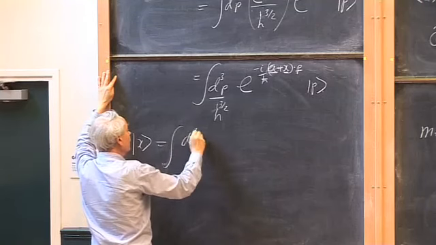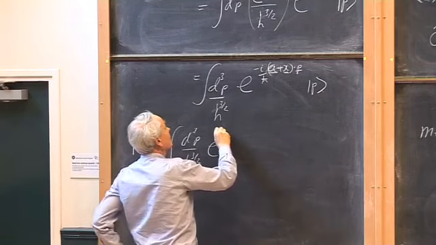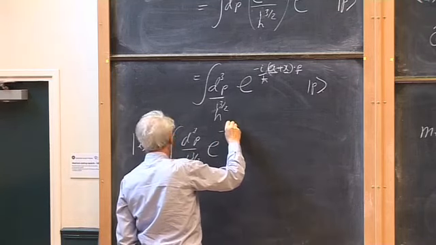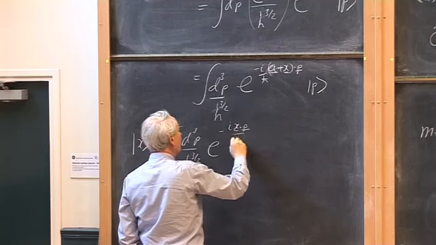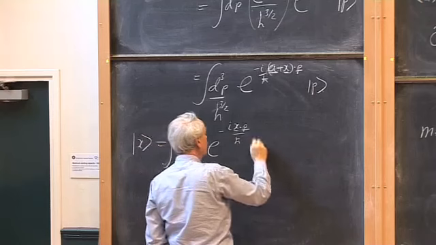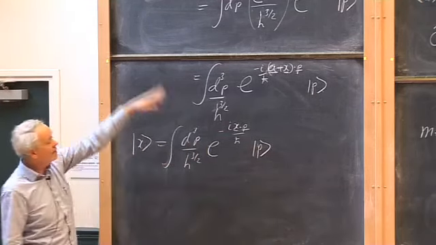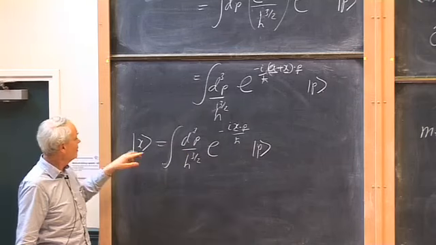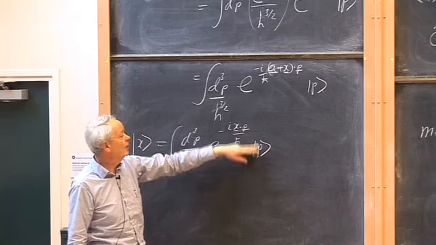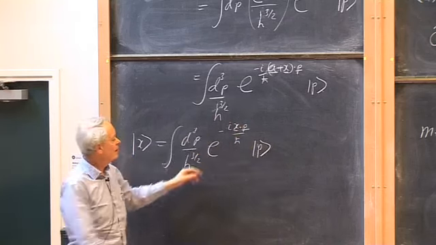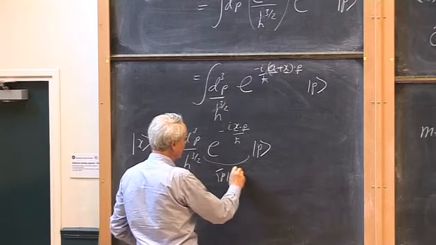It was d cubed p over h to the 3/2 power e to the minus i x dot p over h bar p. This is just a standard expression which I've essentially used above for decomposing a state of well-defined position as the superposition of states of well-defined momentum, where this thing here is nothing but px.